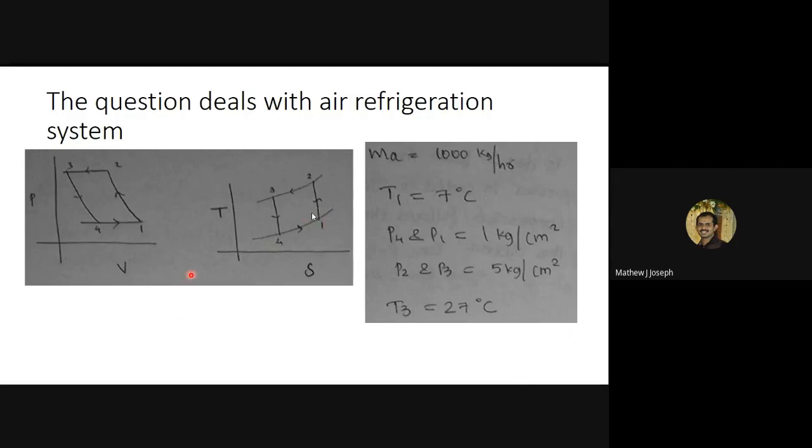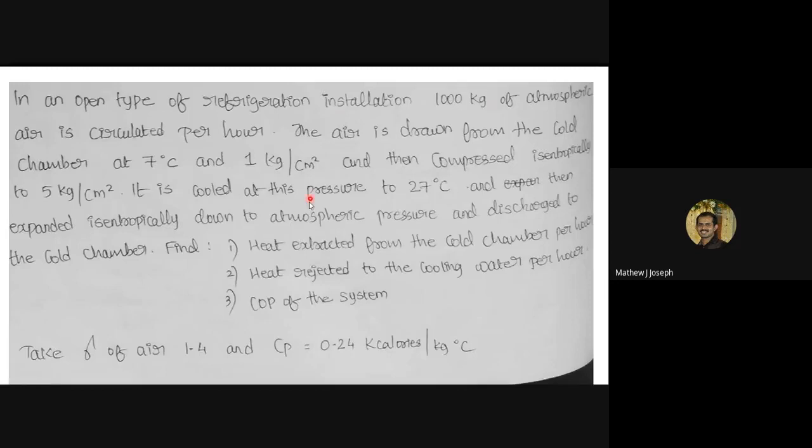How to find out that? So again, let us read the question continuously. The air is drawn from the cold chamber at 7 degrees Celsius and this much pressure, and then straight away compressed isentropically to a higher pressure, that is 5 kilogram per centimeter square.